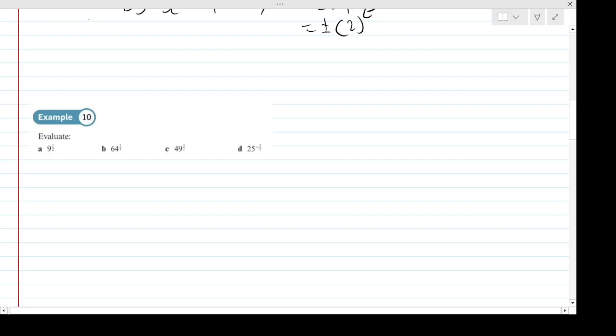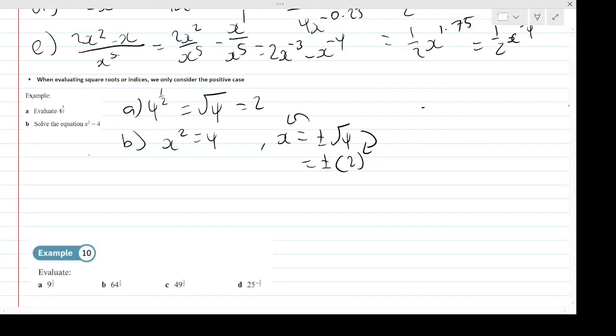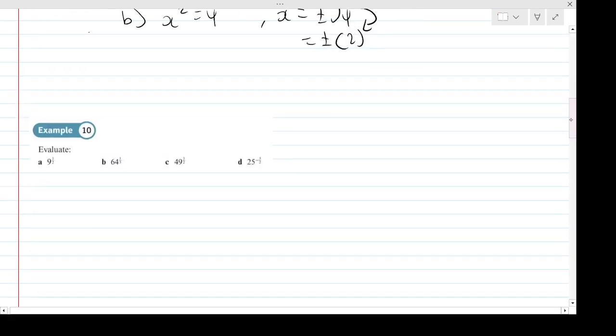So it's a good idea to have in the back of your mind, well, 9 to the half equals so-and-so, 64 to the third equals so-and-so. So even though you would have a calculator to do it for you, it's still good to understand why it is. And also it helps demonstrate what I've done up here. And because we're just evaluating a number, we're not solving anything, we're only going to get a positive answer. So there'll be no plus or minuses here.